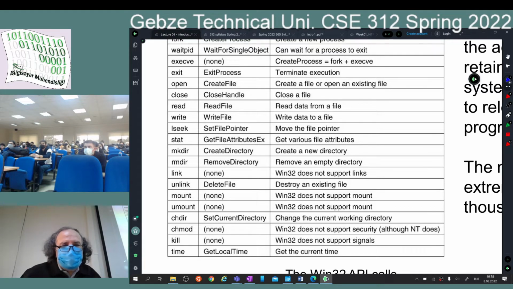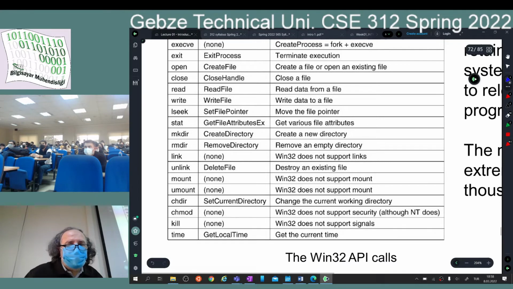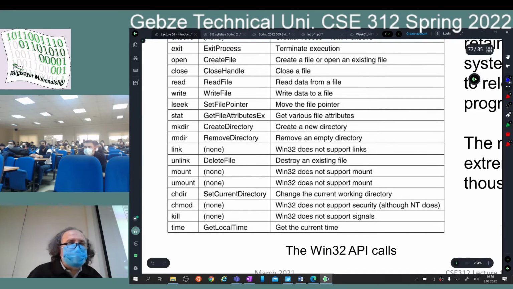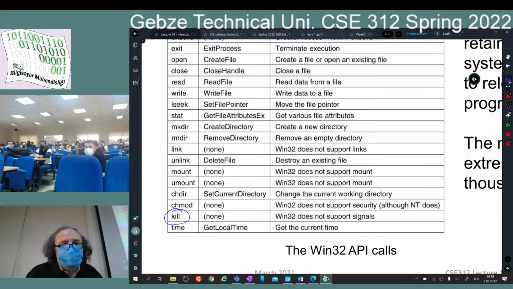What else? Yeah, this changing the mode of a file, or sending a kill, is used for sending a signal to a running program, to a process, and the signal number 9 is the kill signal. But we call all of them kill signals.